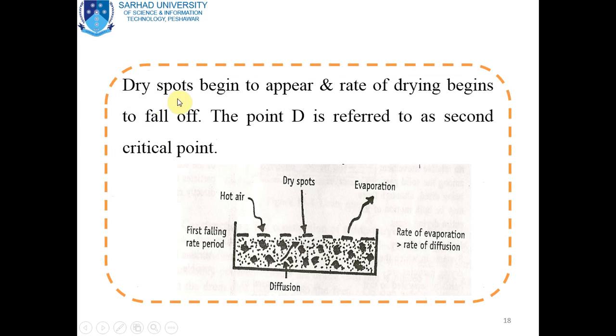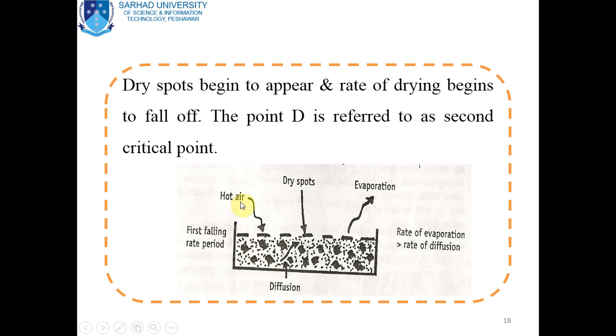At this stage dry spots begin to appear and the rate of drying begins to fall off. The point D is referred to as the second critical point.